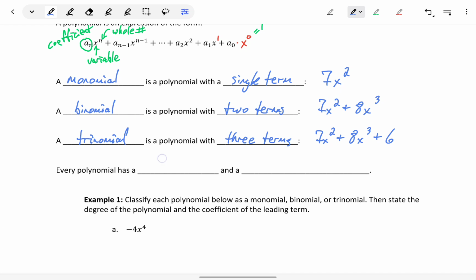And then each polynomial has a degree, which is the largest power present in that polynomial. So for our monomial, 7x squared, this would be a second degree polynomial.